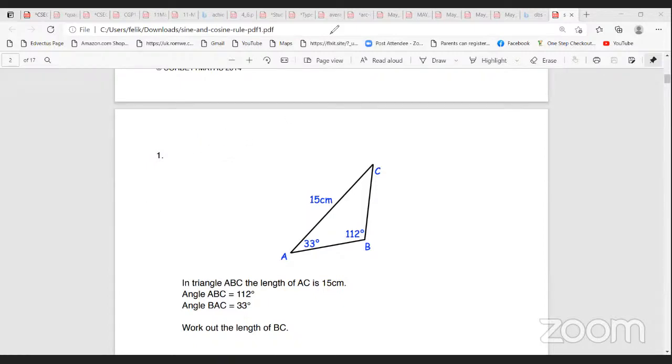So the sine rule says a over sine A equals b over sine B equals c over sine C. However, we're only going to be finding one side, where we're asked to find the length of BC, so we can put the x there.